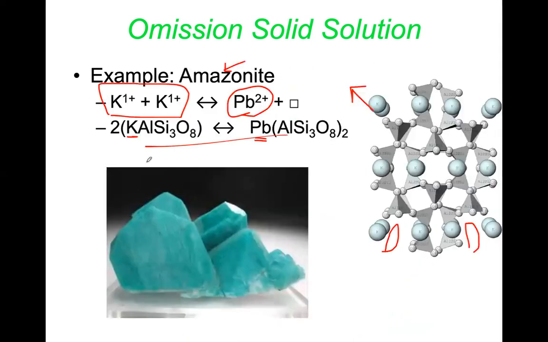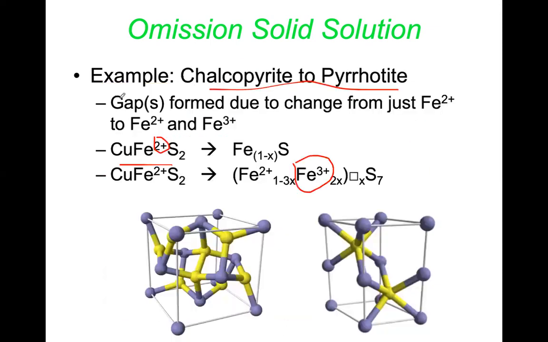Like in the previous case, what was replacing? Divalent, highly charged lead was replacing low charged potassium. Here, ferrous is replaced by ferric because ferric is highly charged. So it will produce a different structure.